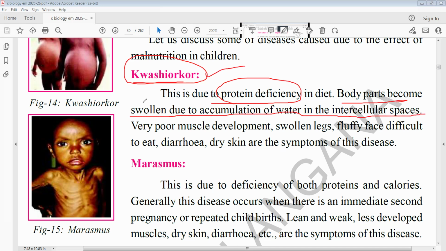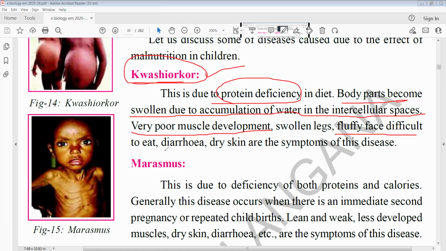Actually, nutrients have to be stored in the body parts, but due to lack of nutrients, water will be stored instead. Then the body parts swell, the muscles do not develop, the legs swell, and the face becomes fluffy like a moon.